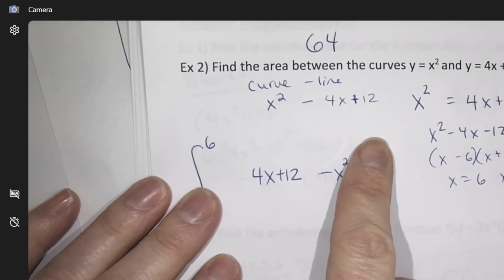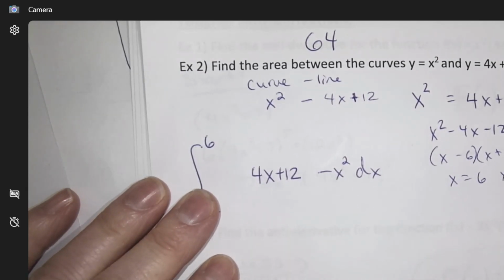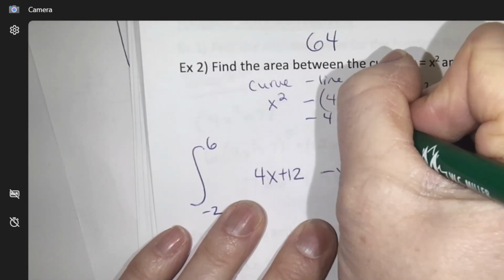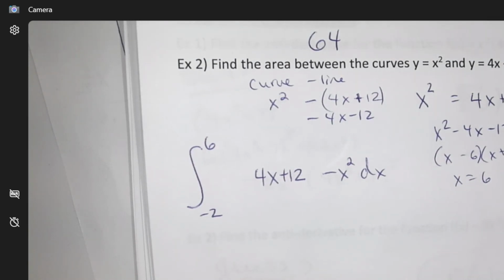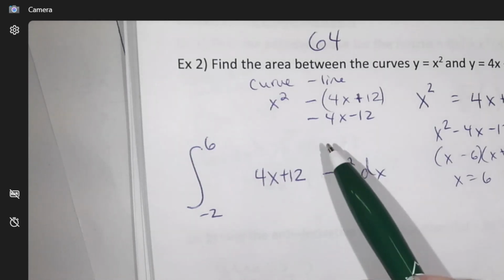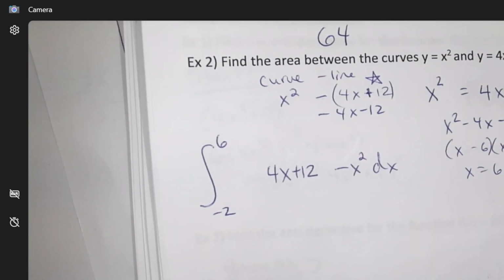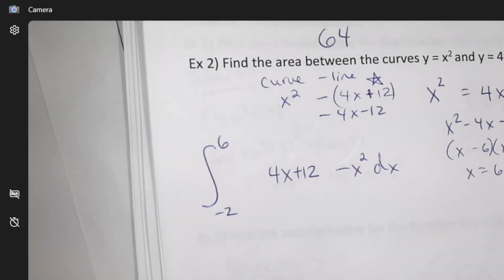What's the common easy mistake to make? What did I do wrong? The curve minus the line. You would need brackets, which would carry like that. Okay? And it's okay if you do it. Let's say the area is 20, you would just get a negative 20 when you come out. Okay? But this would be the problem that people make when they're doing the subtraction. You got to distribute the subtract. Okay, which we didn't have to worry about because we were just subtracting one item.